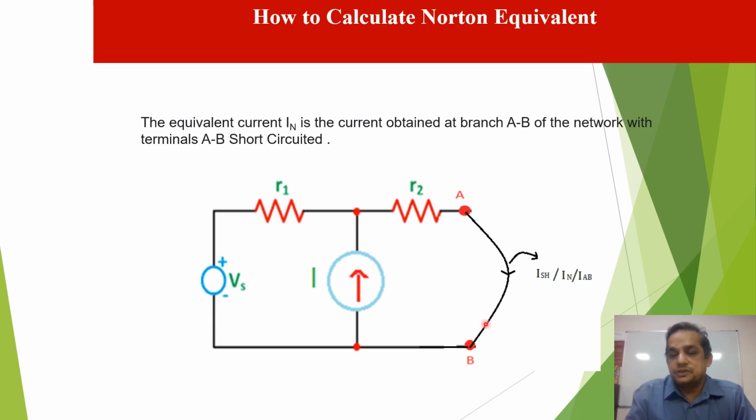It means a short circuit of terminals A and B. Okay. Now we find the current in the short circuit AB, across terminal AB. This current is known as Norton current, short circuit current, current IN. Now how to calculate? We find the current through KVL, KCL and superposition.